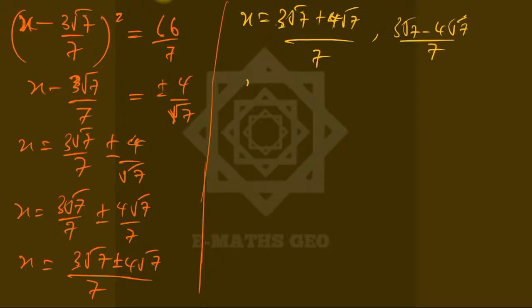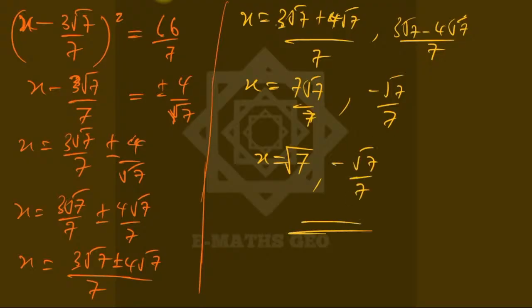So if you add this one, we have 7 root 7 over 7, or minus root 7 over 7. And if you look at this, this is 7, this is root 7. So x is either root 7 or minus root 7 over 7.